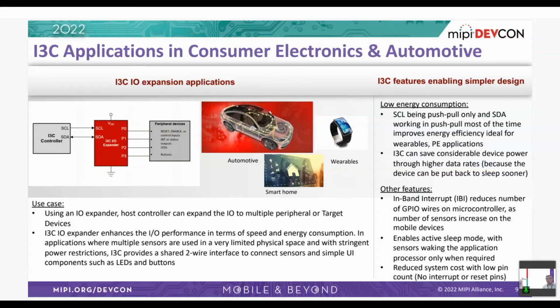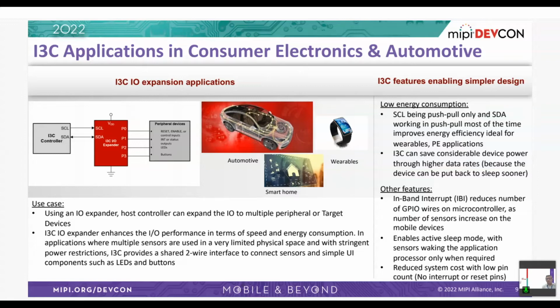The other features, like the in-band interrupt, reduce the GPIO count, which is a very important consideration in the board layout, because while MCUs and controllers can have those GPIOs, the routing on extremely small form factor applications like wearables becomes a major concern.